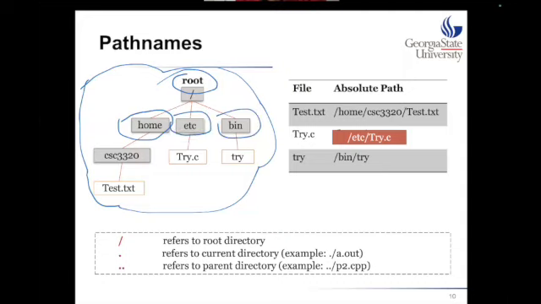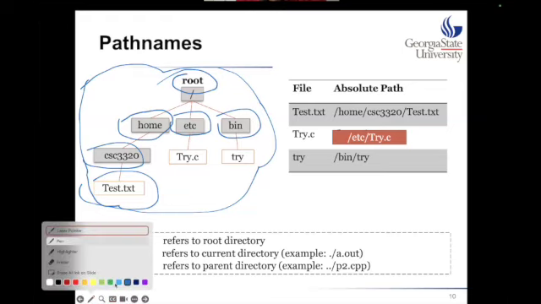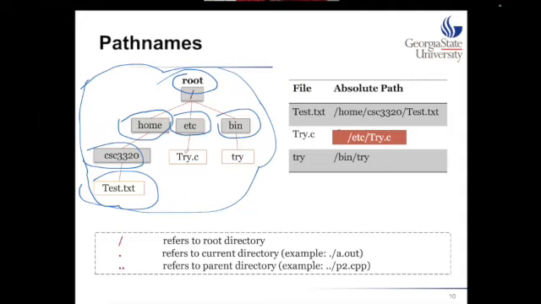Under this home directory, you have CSc3320, and under this CSc3320 directory, you have only one file, test.txt. Also you see that under etc, you have only one file called try.c, and under the bin directory, you have try.